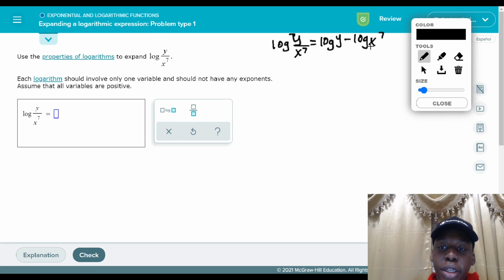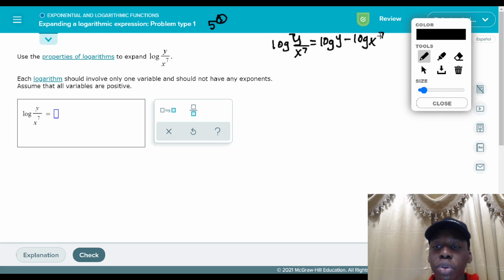And if you look at this, we're not actually completed yet, because it said we should not have any exponents. Exponents basically means powers. Let's say we have 5 to the power 3; the exponent is 3. We shouldn't have any exponents, and in this case we have an exponent, which is this 7.